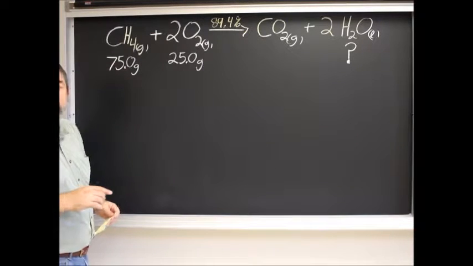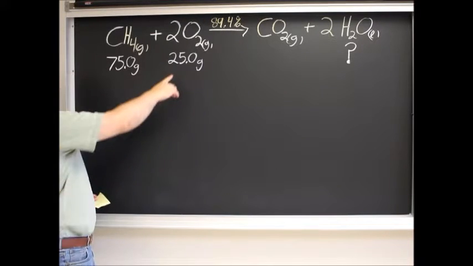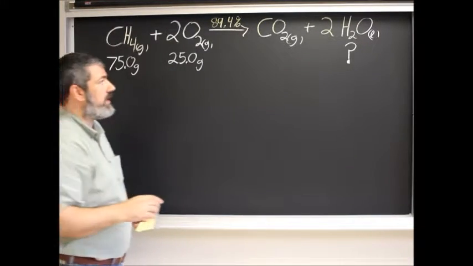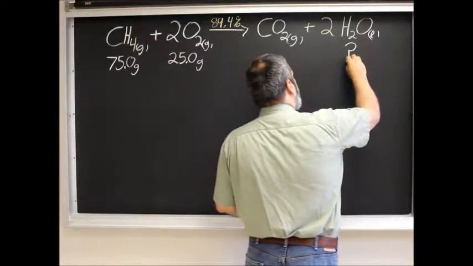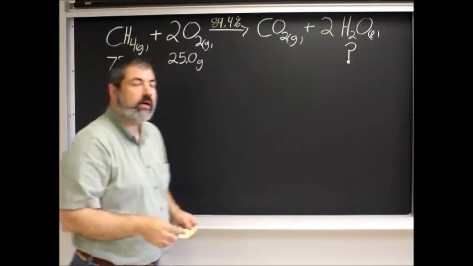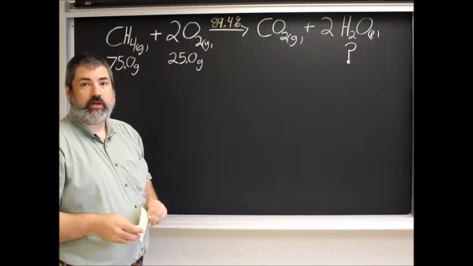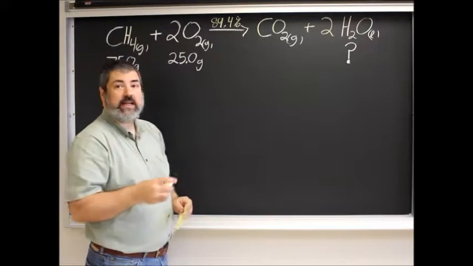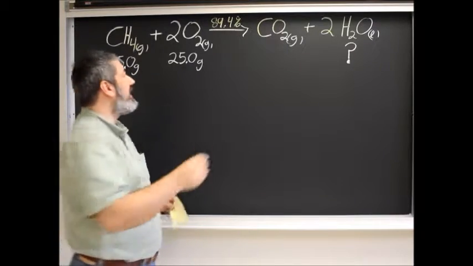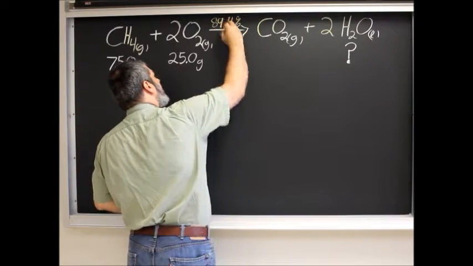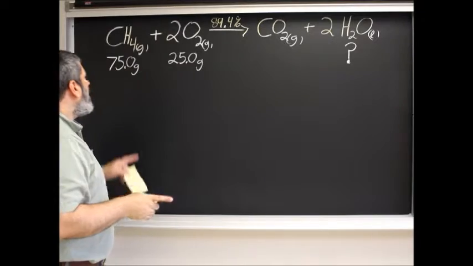We have 75 grams of methane, 25 grams of oxygen, and we want to know how many grams of water this reaction will produce. You're told that the reaction only proceeds with 89.4% yield, so it's not 100%.